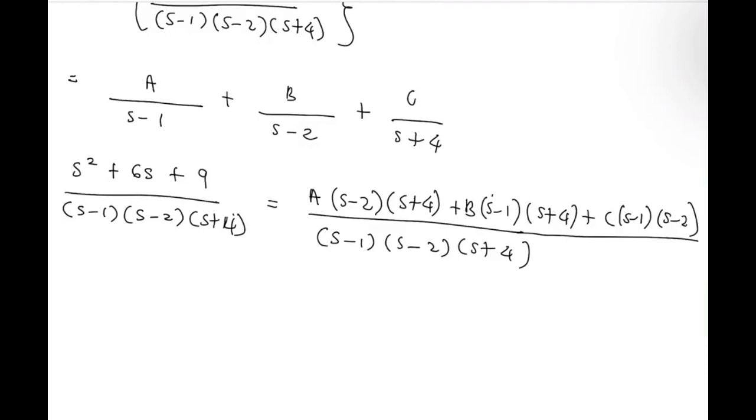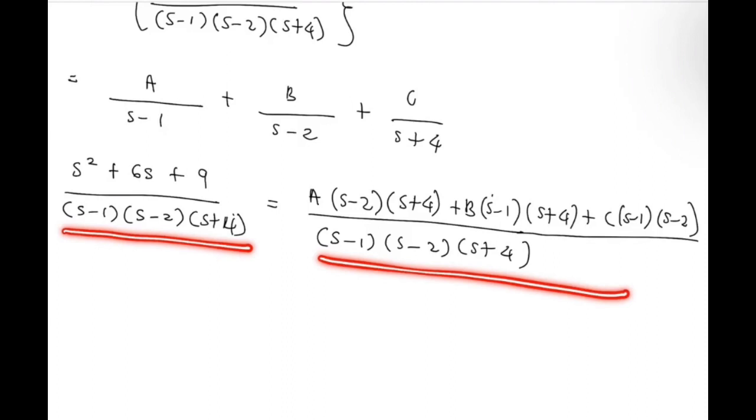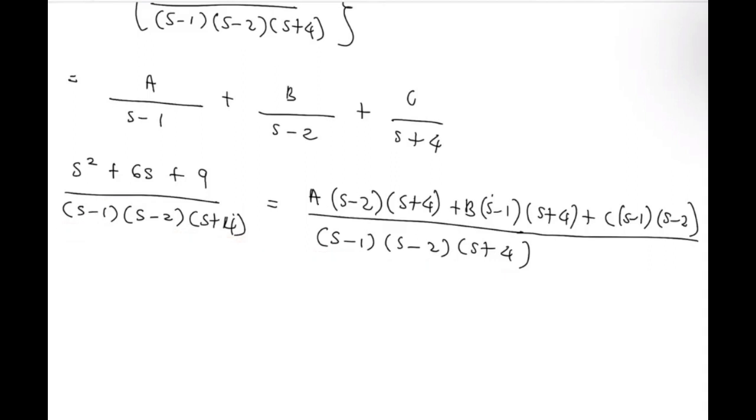All right, now we observe that this fraction and this fraction are equal. Both are the same fraction, just broken into 3 parts: A times (s minus 2)(s plus 4), B times (s minus 1)(s plus 4), and C times (s minus 1)(s minus 2).